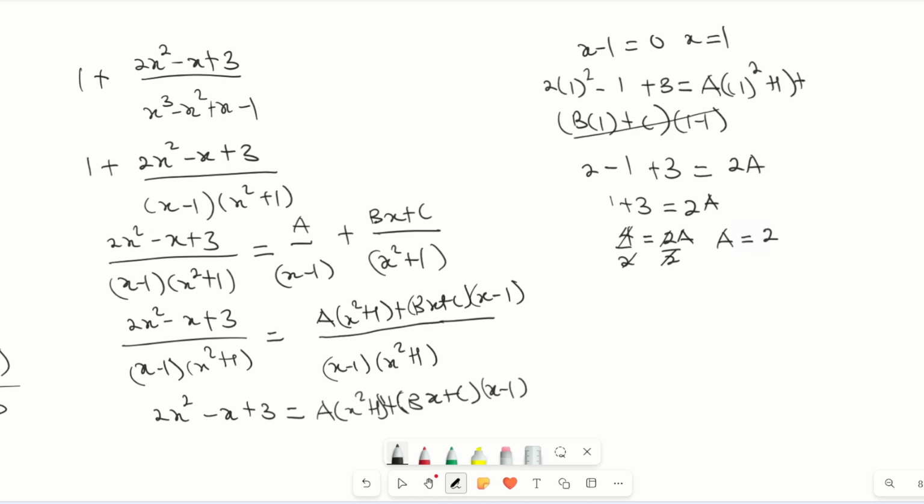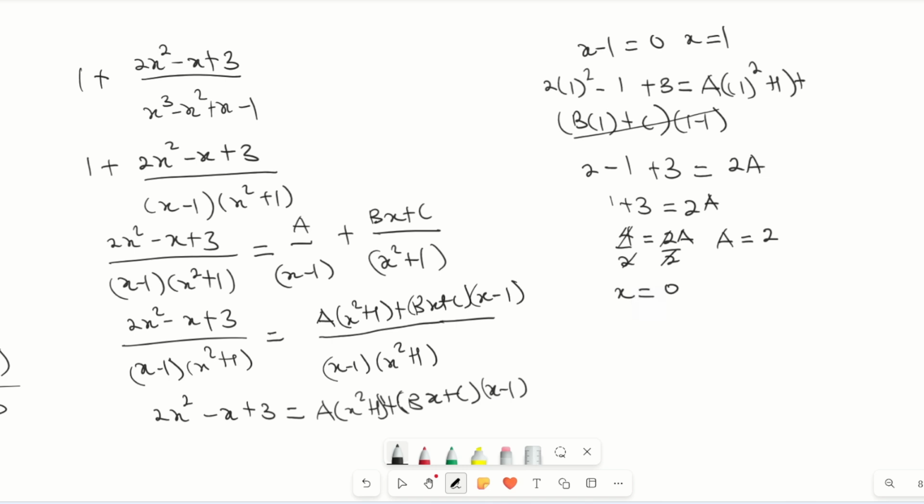So now that we have our A equal to 2, we can consider having x equal to 0 because there are no factors here again. So we can have our x equal to 0. And when we have x equal to 0, we are going to substitute x as 0 into this side.